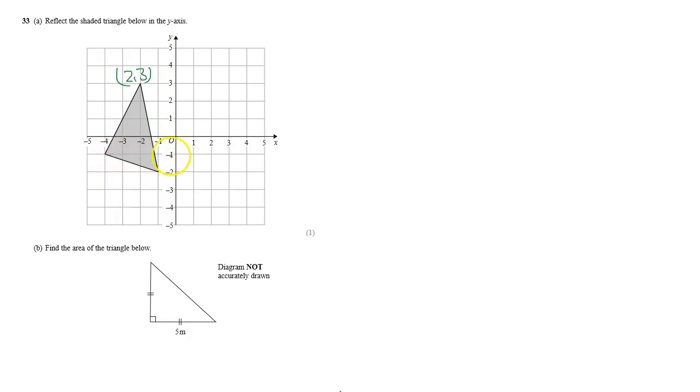This point is -2, this point is -4 and -1, and this point is -1 and -2. So the points are -2, 3, -4, 1, -1 and -1, -2. So these are the points and the reflection in the y-axis.